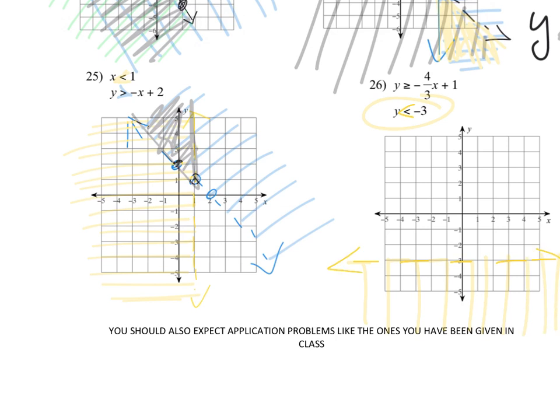Don't forget to add my arrows. And y is greater than or equal to negative 4/3 x plus 1. So I've got my y-intercept of 1, and then down 4 over 3. Up 1, 2, 3, 4 over 3. Solid.